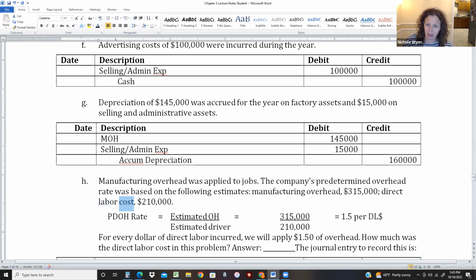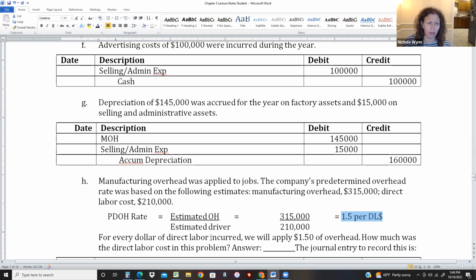We estimated that we're going to spend 315 in overhead and 210 on direct labor cost. So we would do estimated overhead divided by estimated driver, and our answer is 1.5 per direct labor dollar. For every dollar of direct labor incurred, we're going to apply $1.50 of overhead. So how much was the direct labor in this problem?